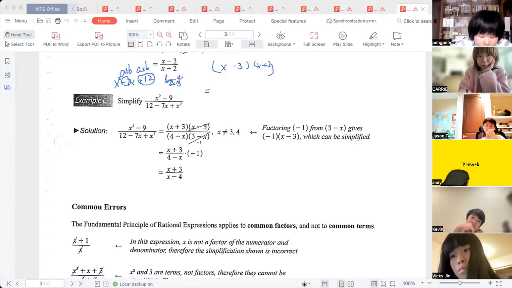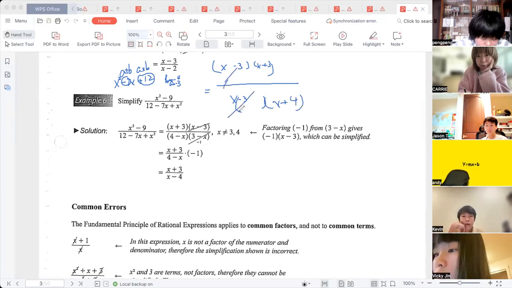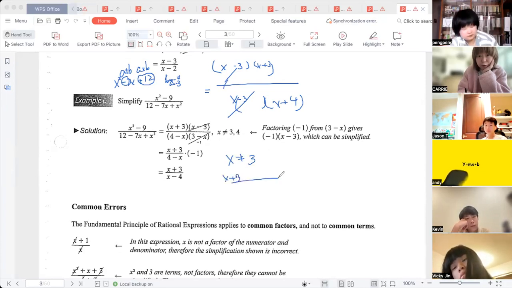So -4 times -3 equals positive 12, and -4 plus -3 equals -7, right? So that's why we have x minus 3 times x minus 4. So x minus 3 and x minus 3 are gone, but x cannot equal 3, right? And it equals x plus 3 over x minus 4.